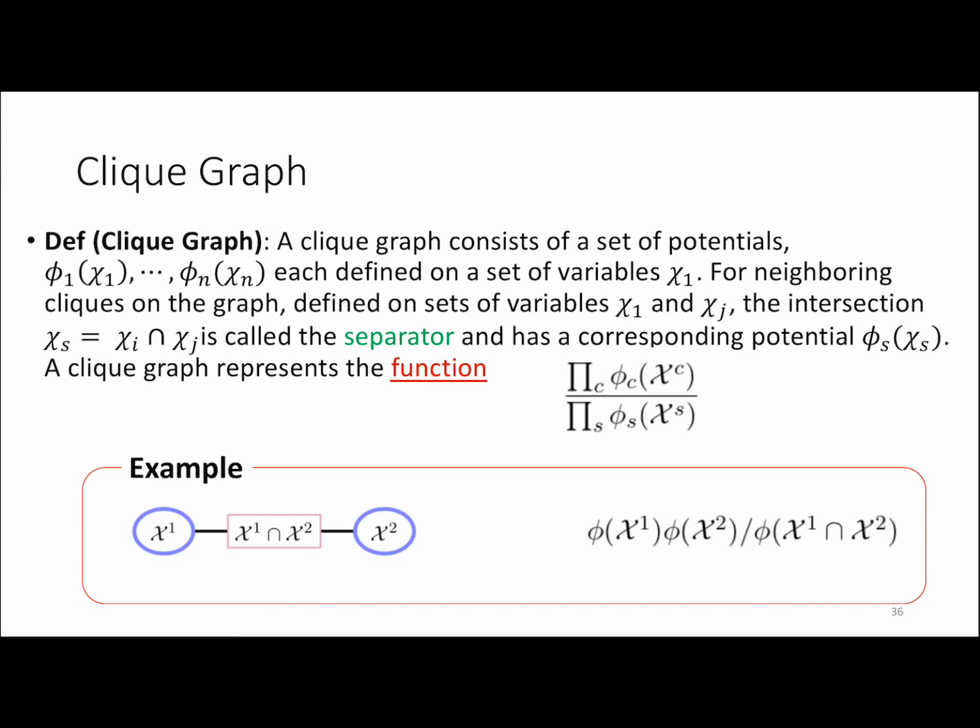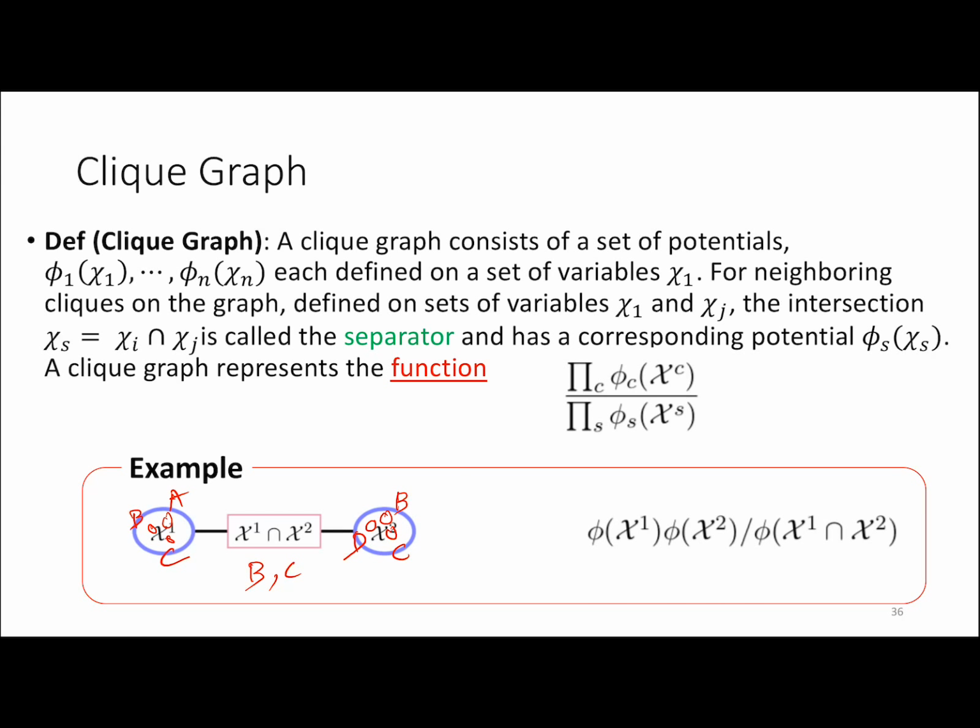Let's take a very simple case: x1 is a subset of nodes, and this is a subset of nodes too. Let's say this is A, B, C, and this is B, C, D. The intersection between these sets is that B is shared and C is shared.